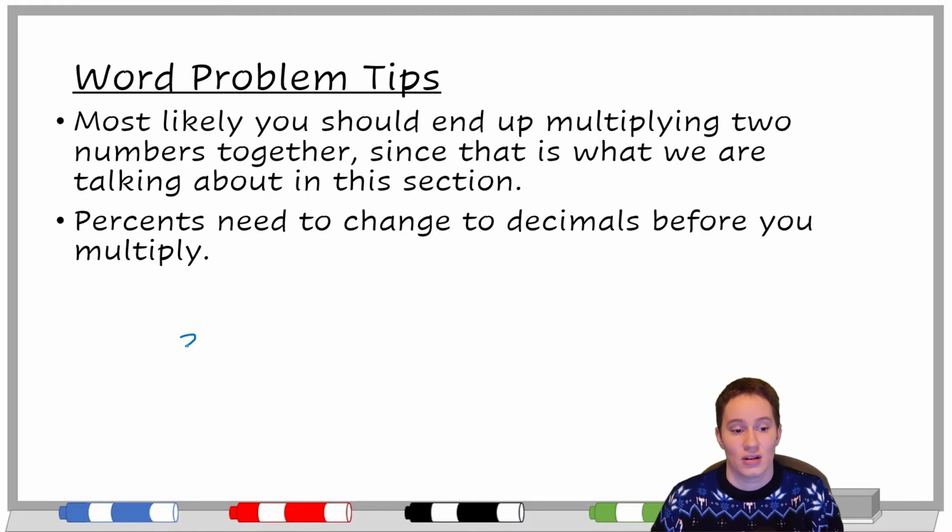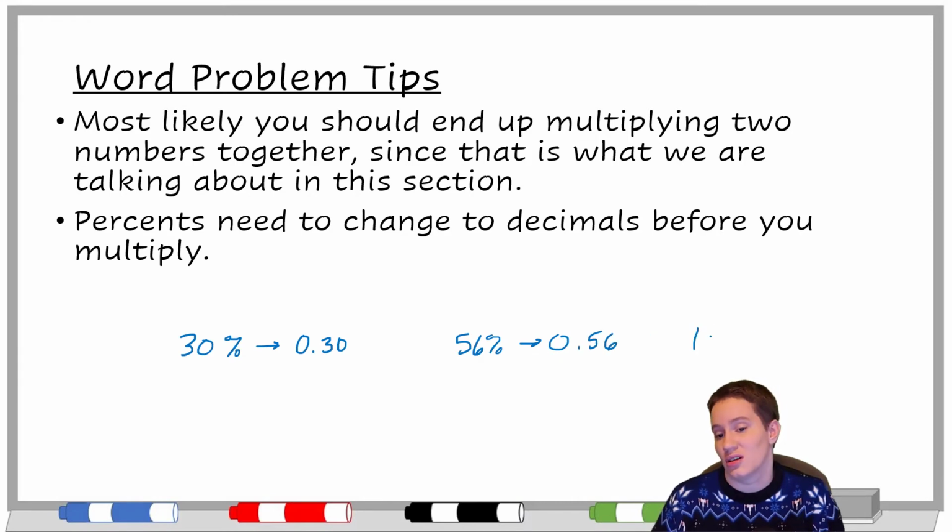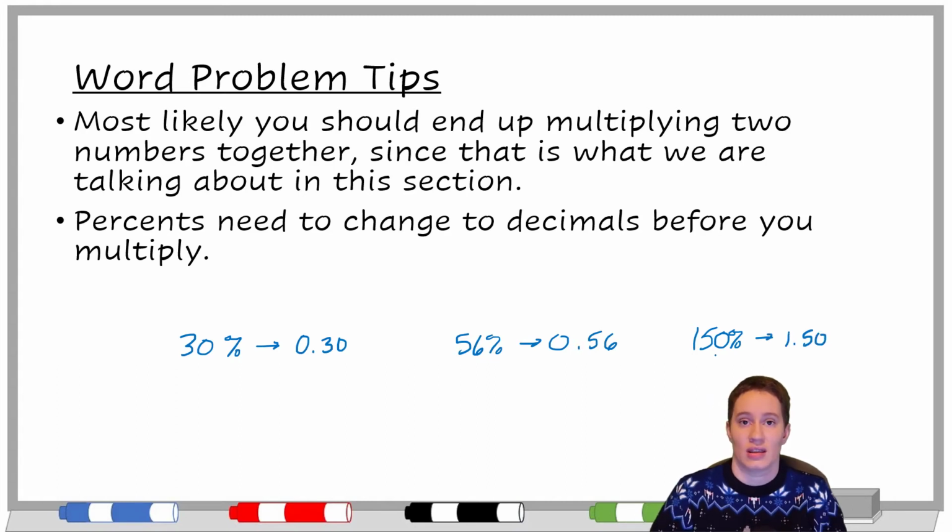I'll write that down. So 30% changes to 0.30, or something like 56% would change to 0.56, or 150% would change to 1.50. So things like that might be helpful.